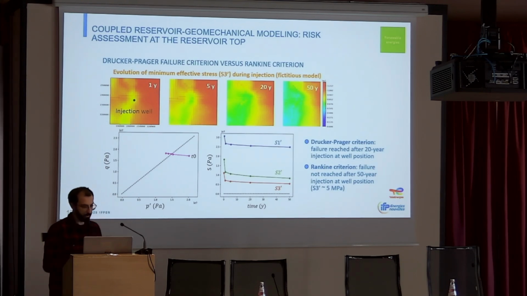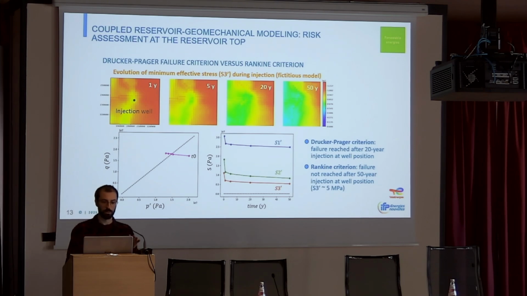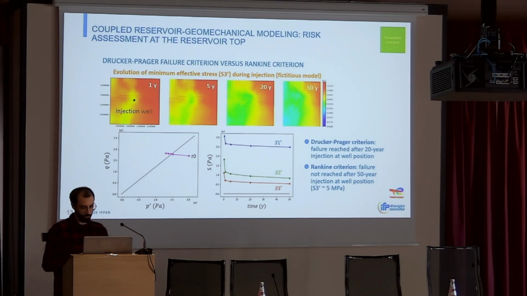And a last word about the failure criterion we use. I just want to focus our attention on the difference we can have by using different failure criteria. When we use the Rankine criterion, which is based on the minimum effective stress, we see the evolution of the minimum effective stress in the alternative scenario from 1 year to 50 years. And we see that after 50 years, there is no failure.